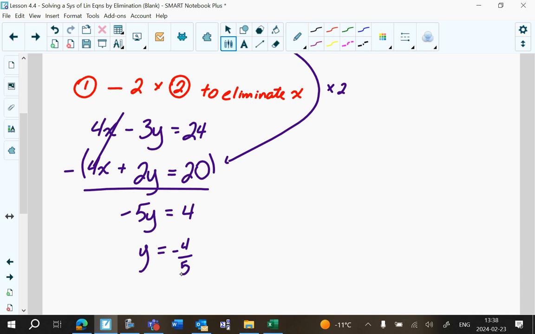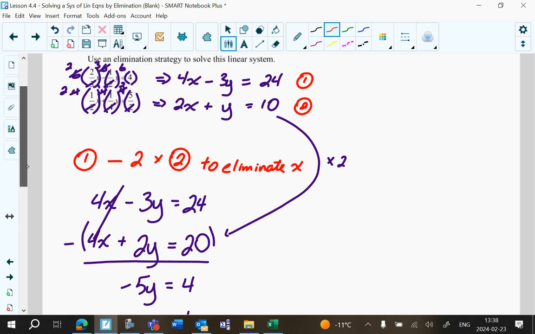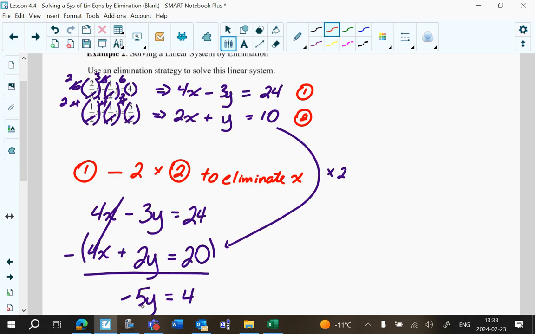Now we got to plug that back in. We don't have to plug it into the original fraction ones. We can plug it into the ones we changed to. So we're going to sub negative 4/5 for y into one of the originals, or one of these. Maybe the second one.